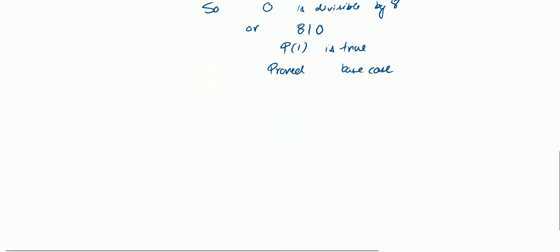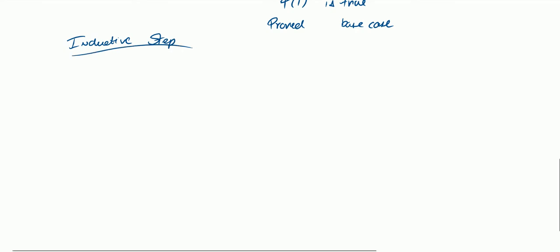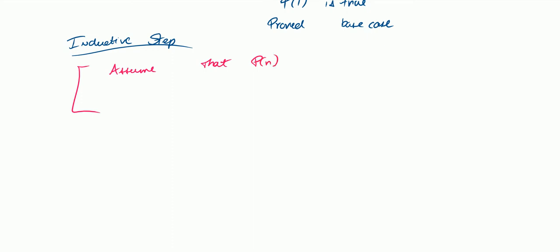Okay, now on to the inductive step. The inductive step, as always, is a bit trickier. So remember what I do in my inductive step: I am going to assume that Pn is true, i.e., I'm assuming that 8 divides n squared minus 1.